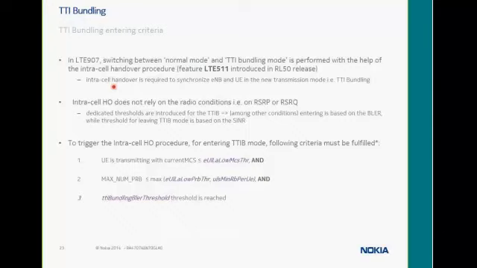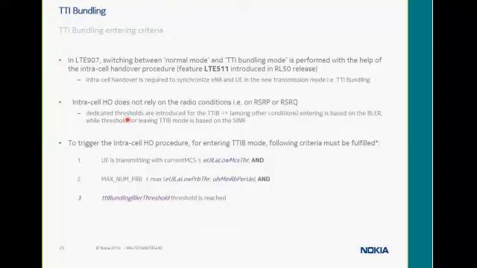That means it can now modify the TTI bundling parameter so that the eNode B and the UE can synchronize to the new transmission mode called TTI bundling. We do this intra-cell, within the cell, okay?